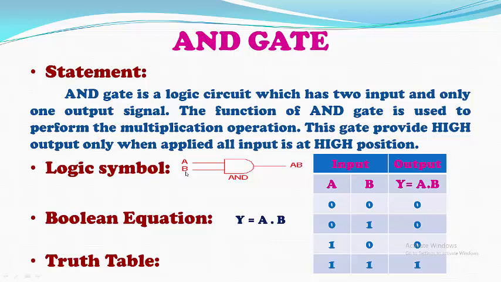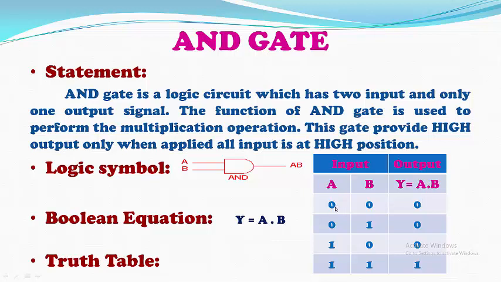When we put this value in the 2 raised to n formula, we get a total of 4 combinations. These 4 combinations are the 4 ways in which we can apply binary values at the input side. This truth table consists of input and output columns. In that, A and B are the inputs, and Y equal to A into B is the output.